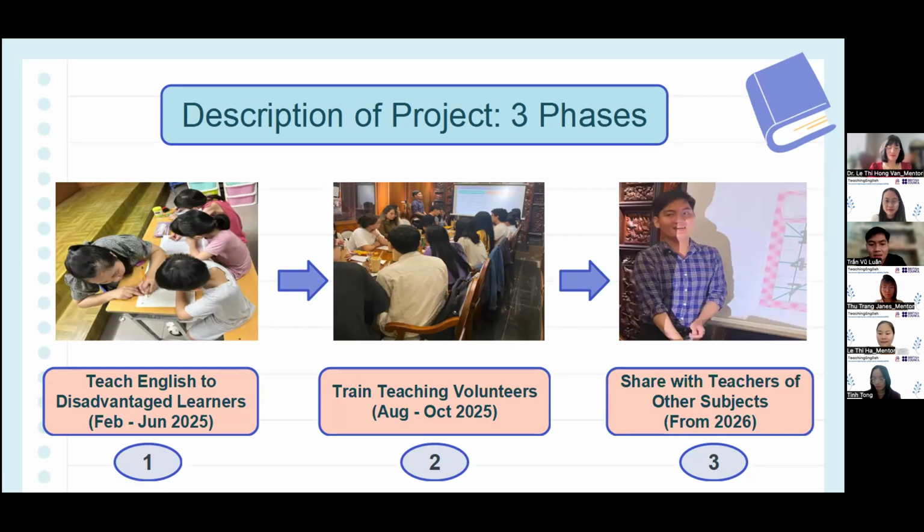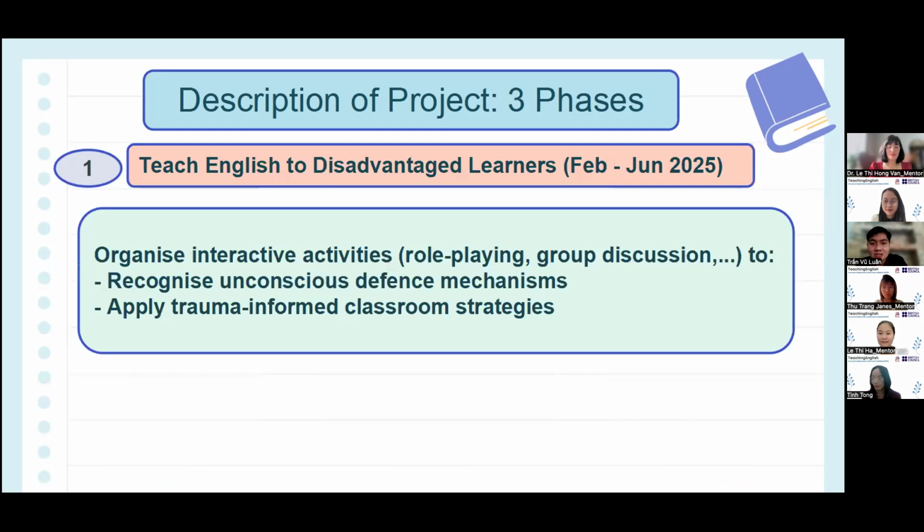Okay, now let's move on to the description of the community project. There are 3 phases in total. The first phase is to teach English to disadvantaged learners from February to June 2025. The main focus of my project is not on how to teach English, but on how to teach English in trauma-free environments.